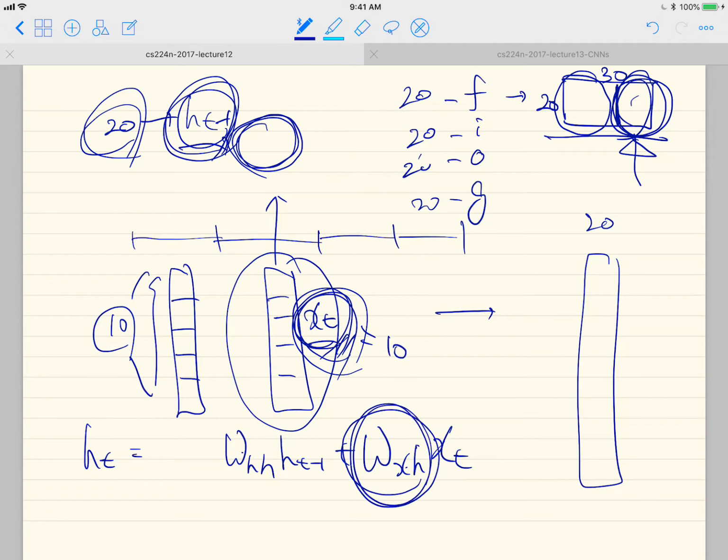And I'm talking about this part, W_xh, and that is 10 by 20, right? In this case, we are going to use the convolution on that part instead of just a fully connected part.